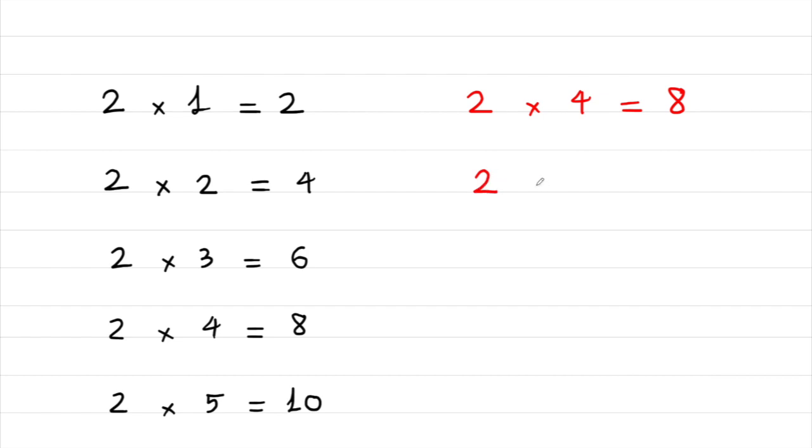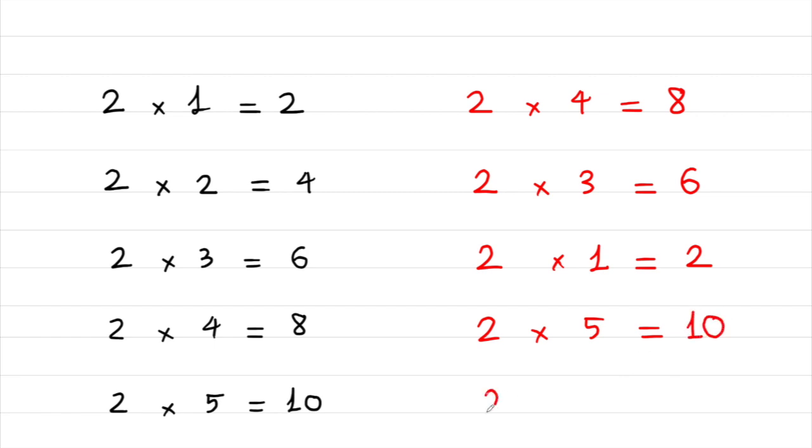How about 2 times 3 equal to 6. 2 times 1 equal to 2. 2 times 5 equal to 10. 2 times 2 equal to 4.